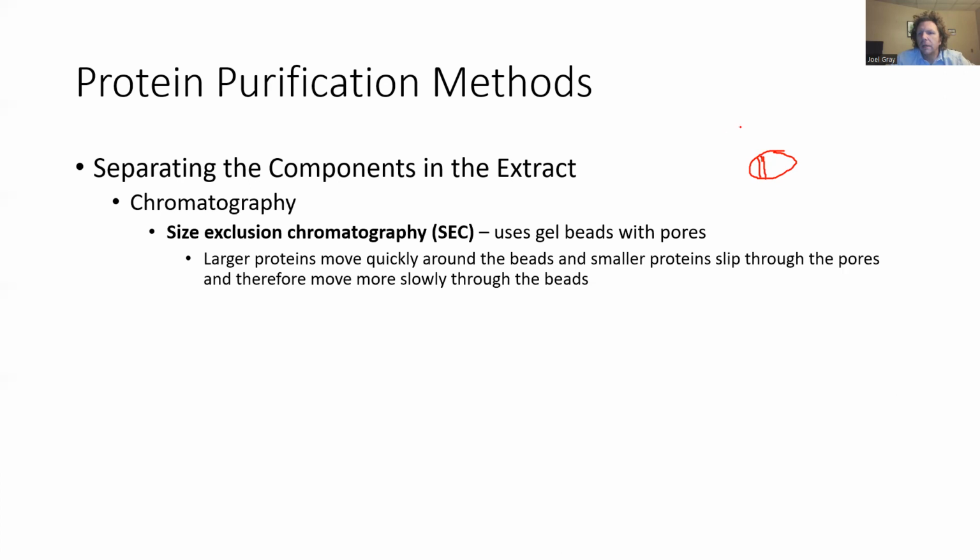Now, a very small protein is going to enter that pore, and it's basically going to be in contact with the entire interior surface of that pore and migrate through that bead.